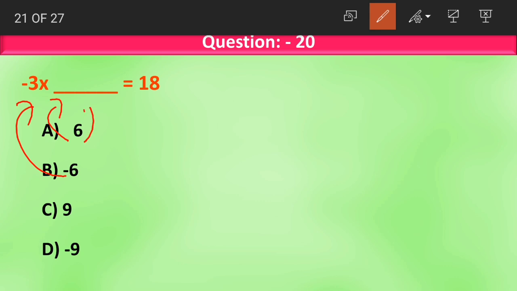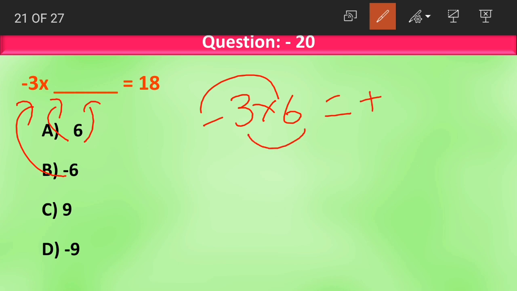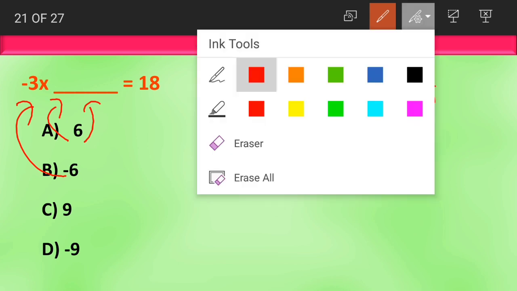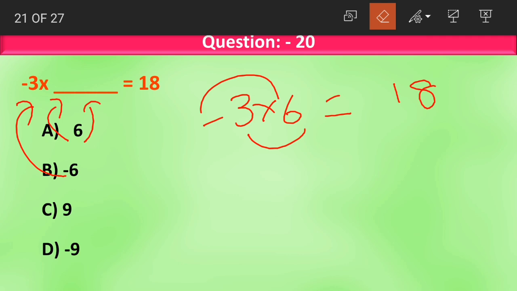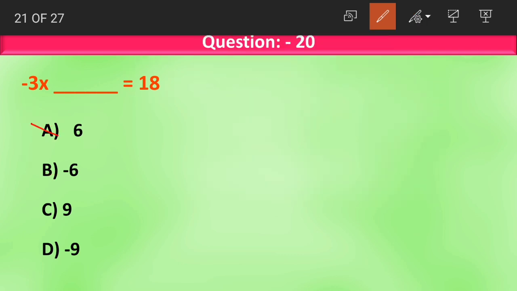Like first I'll put 6 here. Minus 3 into 6 is equal to what? Minus into plus, minus. 3 sixes are 18. But in the given question the answer is 18. So, option A is not the correct answer.